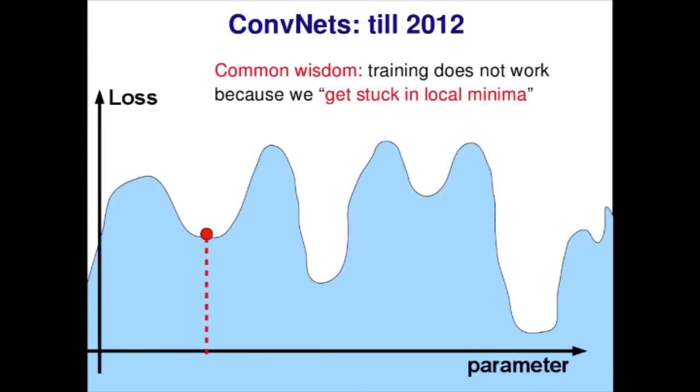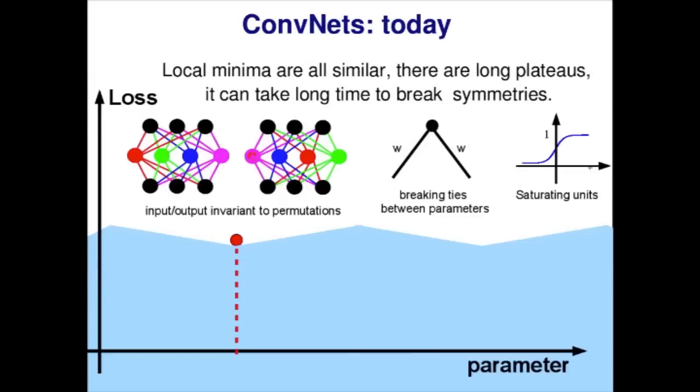But the work done in the speech recognition community, and recently also on ConvNets, shows that whether you initialize the parameters with unsupervised learning or at random, it really doesn't matter if you have a lot of data. So this suggests that it's not really an optimization issue. Actually, there are many, many local minima, of course, but they are qualitatively all the same.